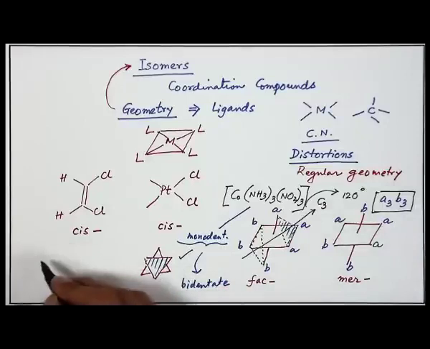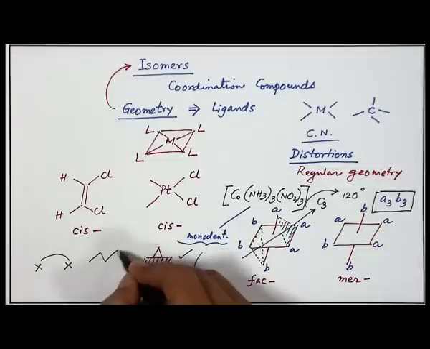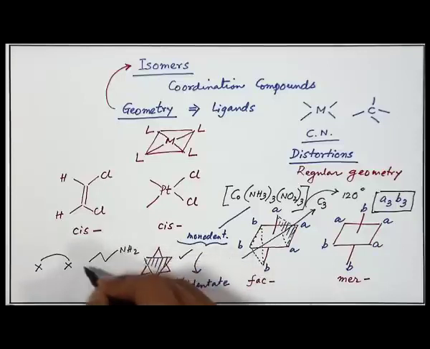We all know that we can have a bidentate ligand where both donor atoms are the same. This is an XX type bidentate like ethylene diamine, NH2.